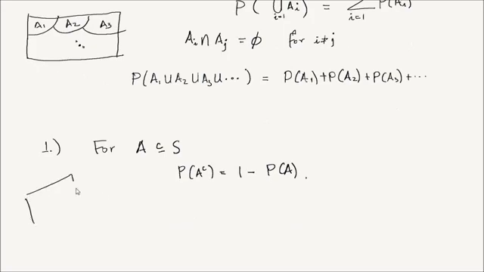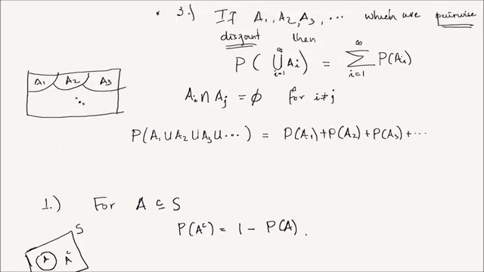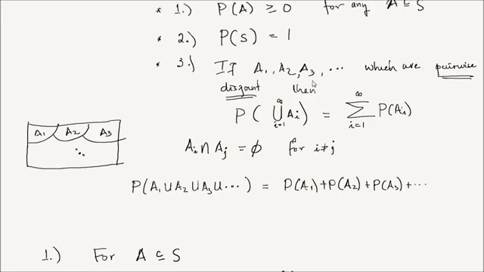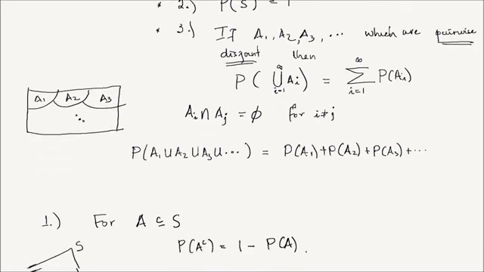If you look at that carefully, let's say that's the sample space. We have event A, and anything outside of A is going to be A complement. Note that A and A complement are disjoint, or they are pairwise disjoint. And axiom number 3 tells us if you have events which are pairwise disjoint, then the probability of the union is the sum of the probabilities.